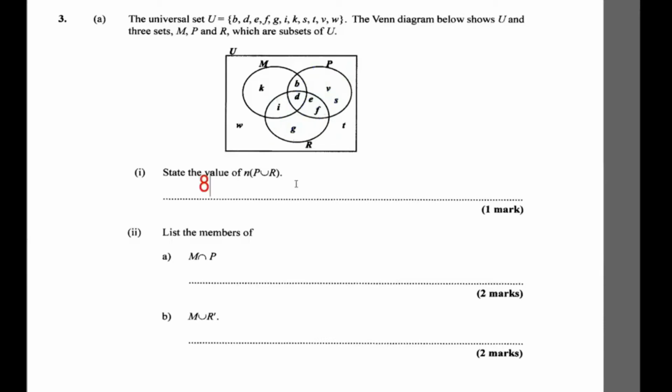If you want to state them out just to see it, those 8 elements are I, D, B, V, S, F, E, and G. All right, those are the 8 elements.